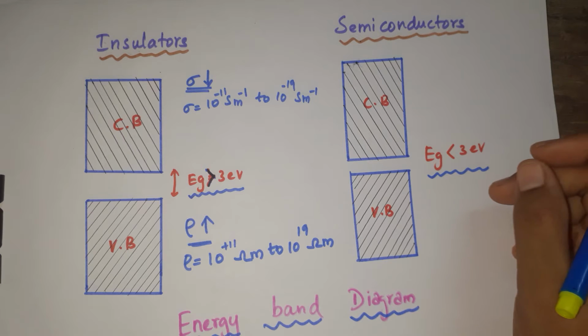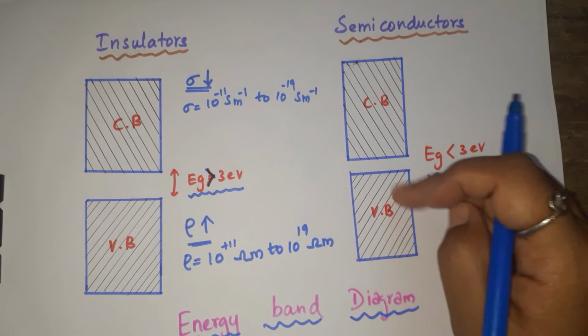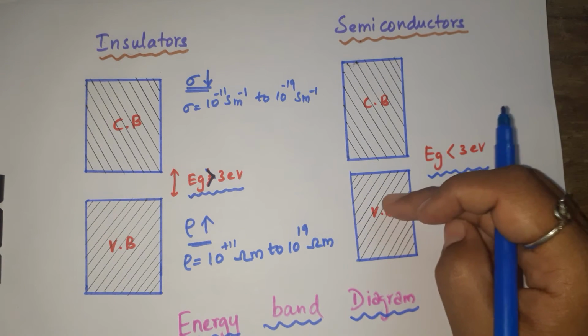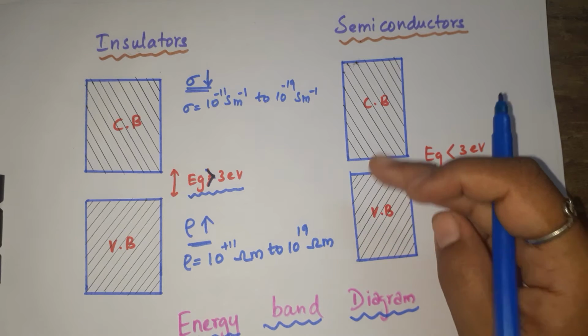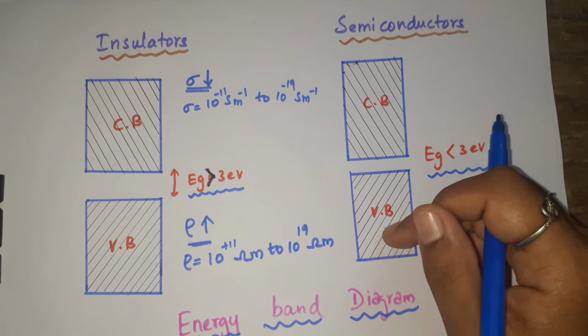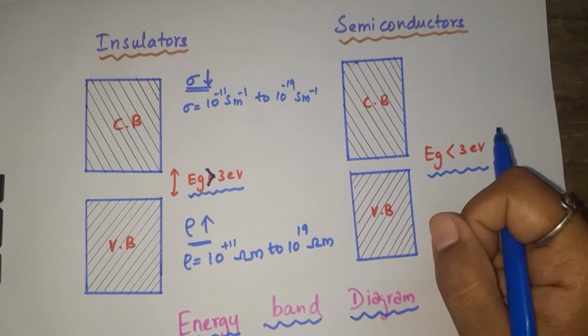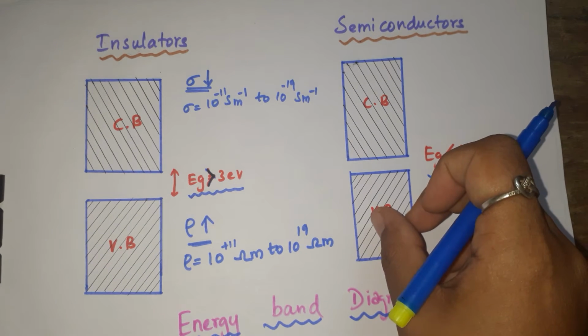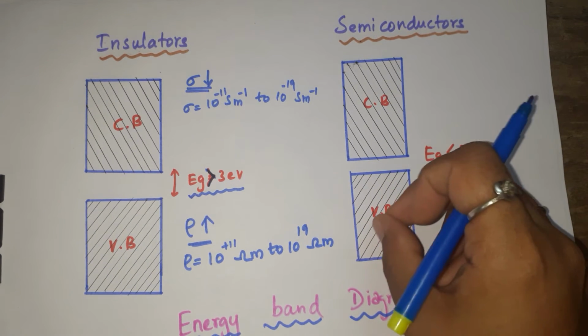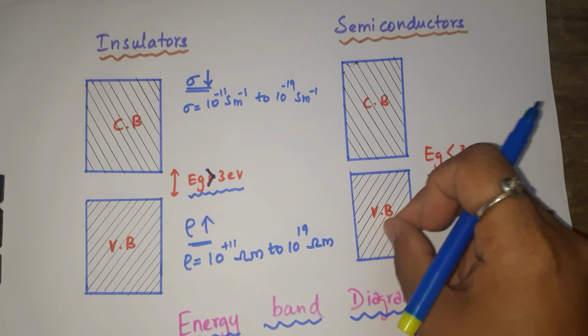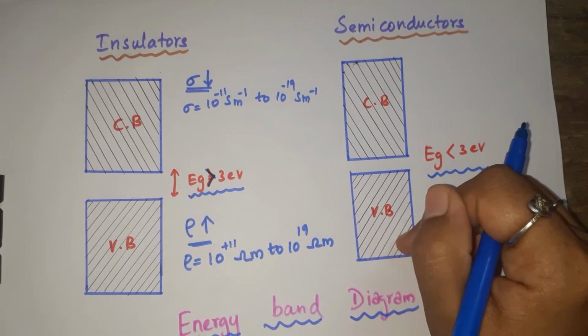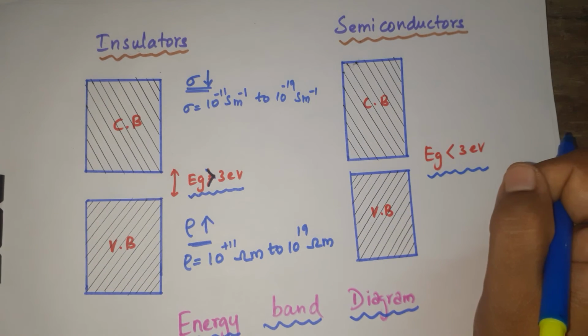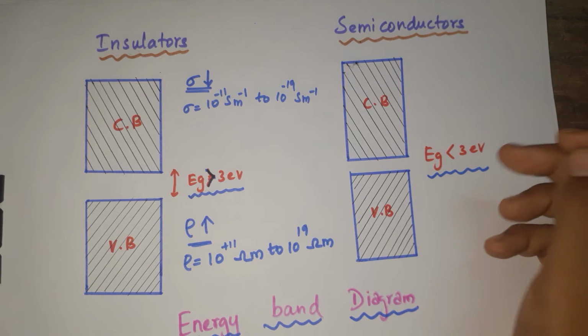At room temperature, some electrons acquire enough energy to move from the valence band to the conduction band. As the temperature increases, more electrons can move from valence band to conduction band, right? And what about the conductivity?